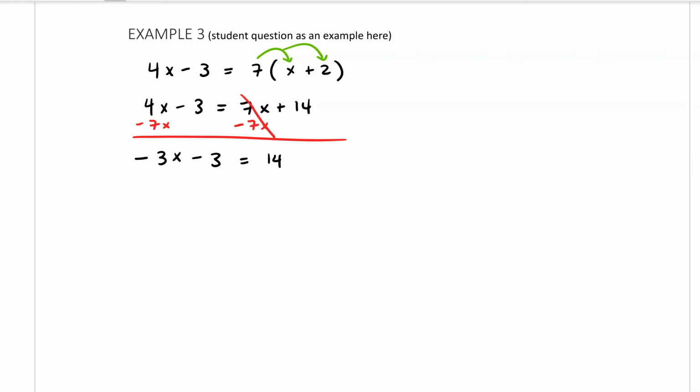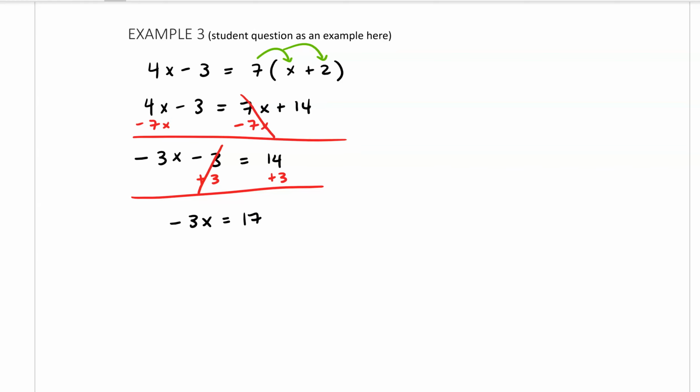Now everything that doesn't have a variable, I want to get to the right-hand side. So I'm going to add 3 to both sides. The reason that we're adding 3 is negative 3 plus positive 3 results in 0. So that leaves us with negative 3x on the left-hand side. And on the right-hand side, we'll have 14 plus 3, which is 17.